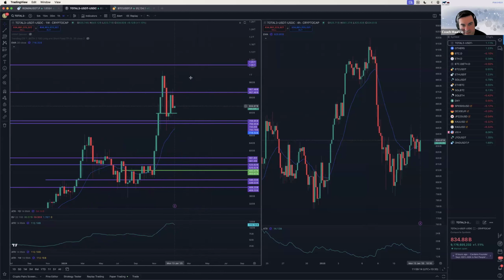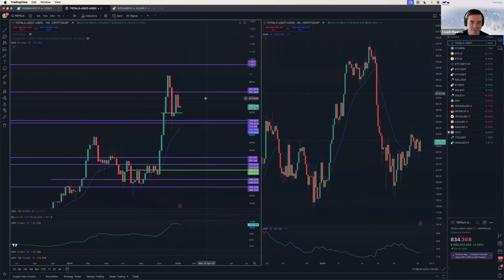Let's say that we get this jump or pump or whatever, and then this level is going to become really interesting. Why? It depends on where the economy's at. It depends on what happens after Trump. That's going to be the defining moment to see if this is going to break out or if it is going to turn around. That's going to be very, very interesting. So that's what we're looking for.